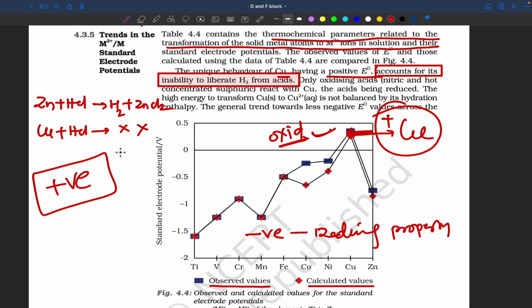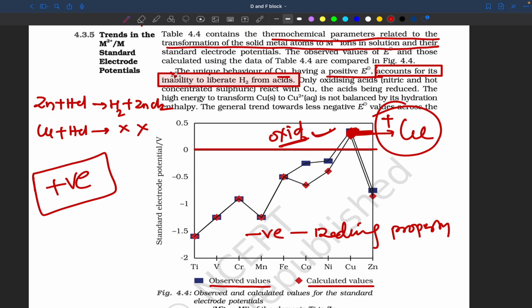Reaction doesn't take place, right? So copper cannot replace the hydrogen from the acid, because hydrogen's value is zero, and zero is smaller than this copper plus 2 value, that's why.